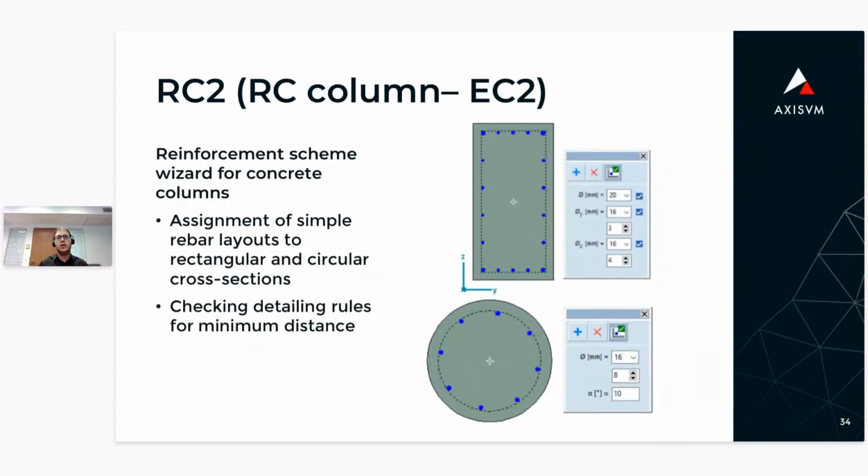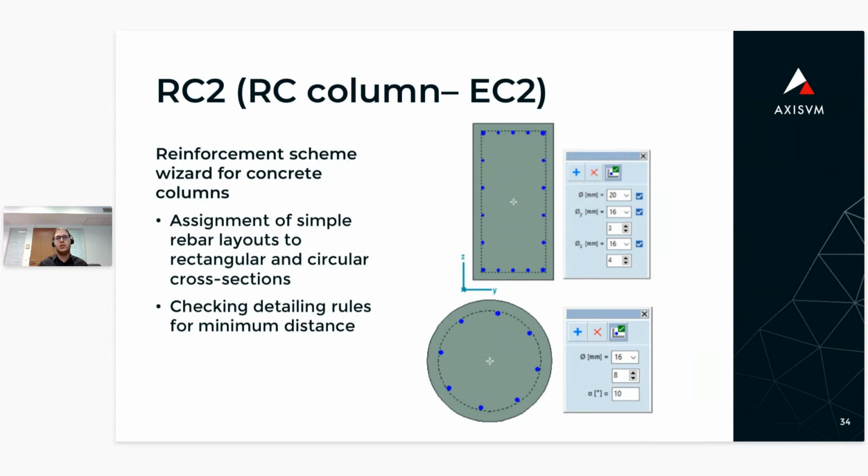Moving on to the next update, an enhancement in the reinforcement verification process for concrete columns. Previously, reinforcement positions had to be manually defined for each column, which could be time-consuming. Now, with the new reinforcement scene wizard, users can create and assign predefined reinforcement layouts for both rectangular and circular cross-sections.